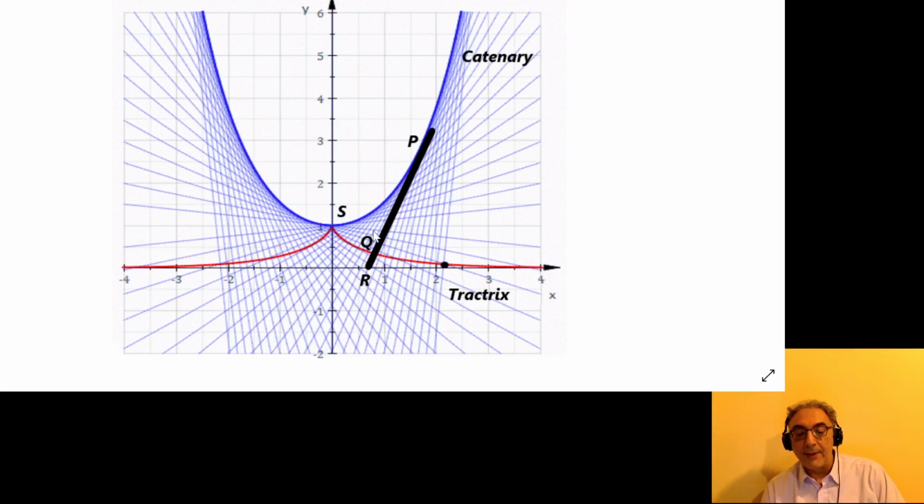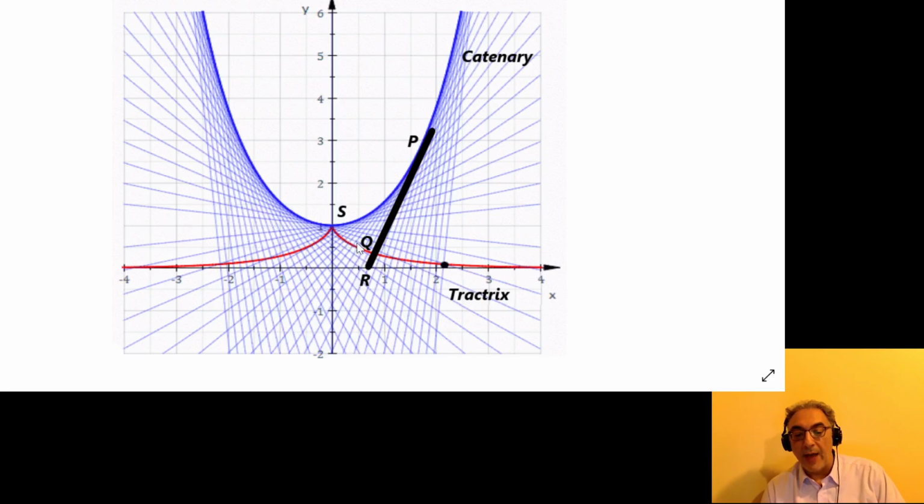And these lengths now are reciprocally related to each other. So the length of QR is the reciprocal to the length of QP for every point of translation along the tractrix.